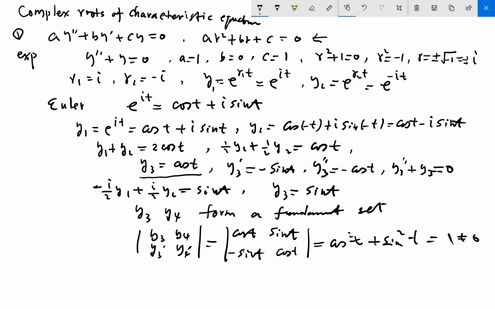In other words, all the solutions, we'll say the general solution, of this equation, which I call equation 2, can be written as C1 cosine t plus C2 sine t. We got real solutions. So this is the general solution.